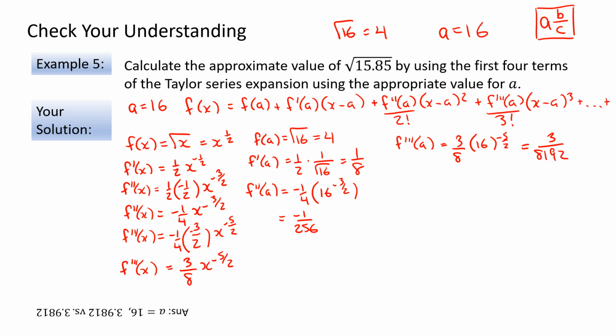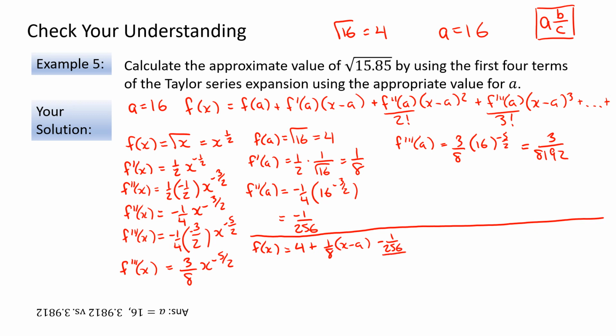And what we end up with is that f at x, I'll draw a line here so that it's not too busy. F at x is equal to 4 plus 1/8 times x minus a, minus 1/256, remember, divided by 2 factorial, x minus a, and I should have written that a is 16 here.